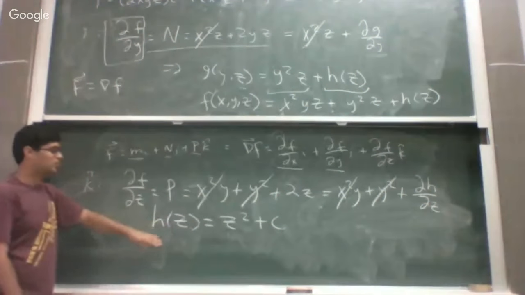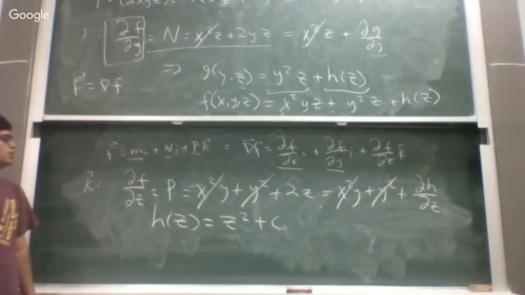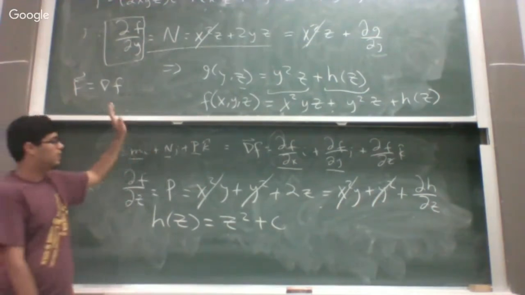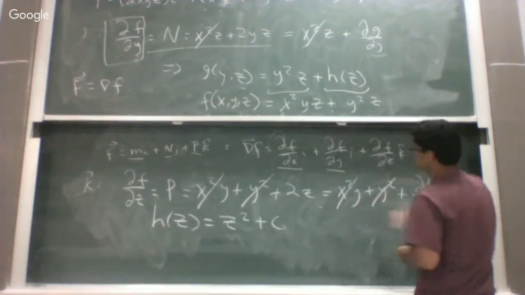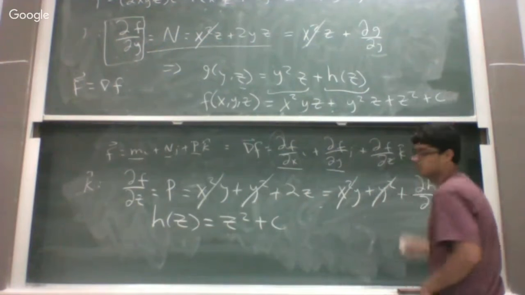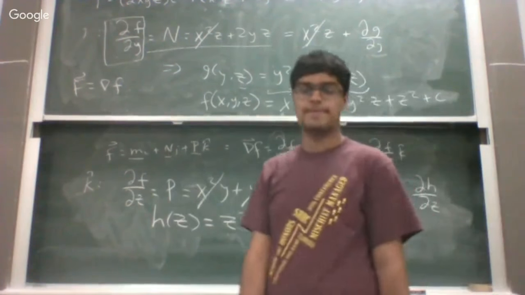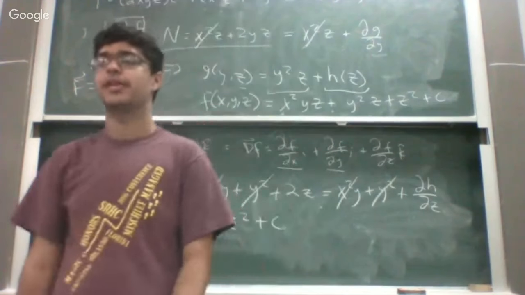So don't forget the plus c in this part. So then the overall equation for f, we can take out h of z, right? Plus z squared plus c. And yeah, that would be it.